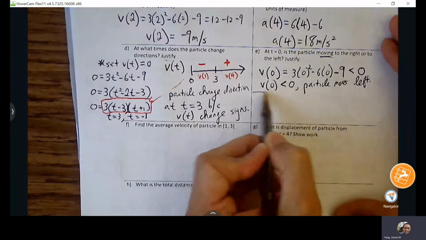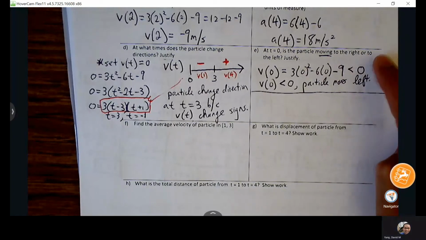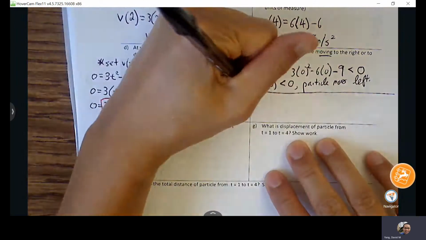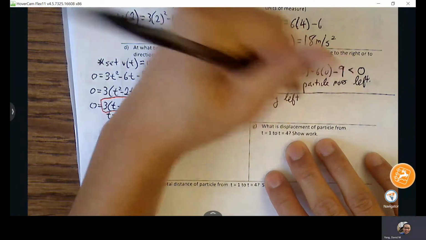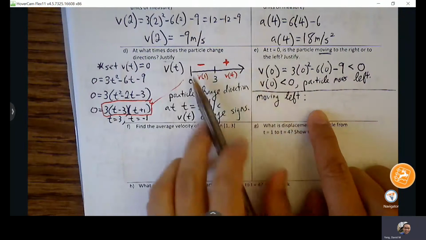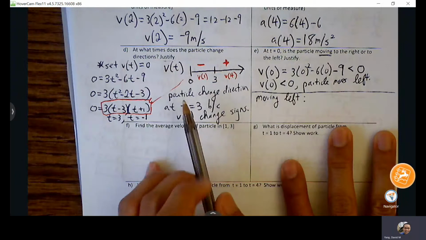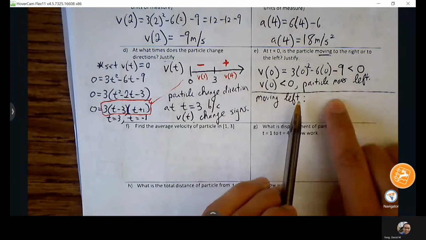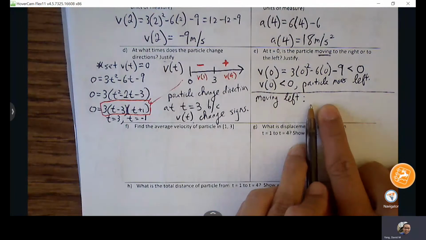Let me extend this question a little bit. Part E: when does the particle move left and when does the particle move right? Based off of what we have here, when would you say the particle is moving left? From where to where? 0 to 3. Is there anything we have to be careful of when we create our interval?